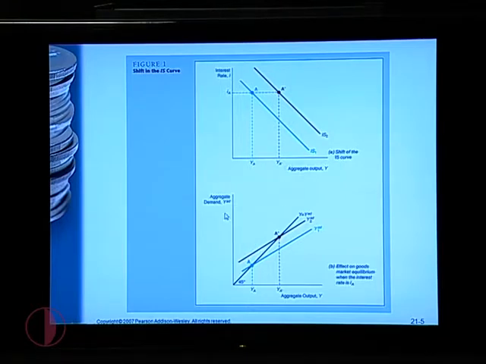Aggregate demand is plotted against aggregate output, and this is our 45-degree line. This is our initial function, aggregate demand 1 and aggregate demand 2, and aggregate output increased from YA to YA prime.